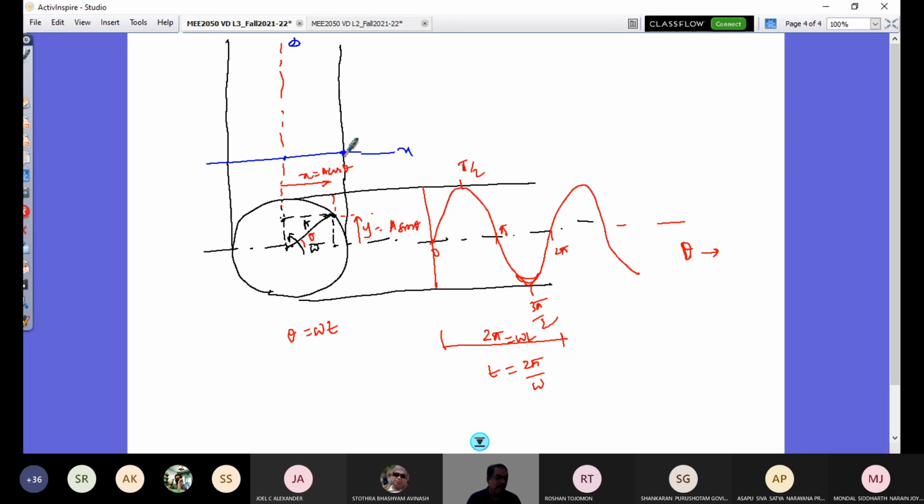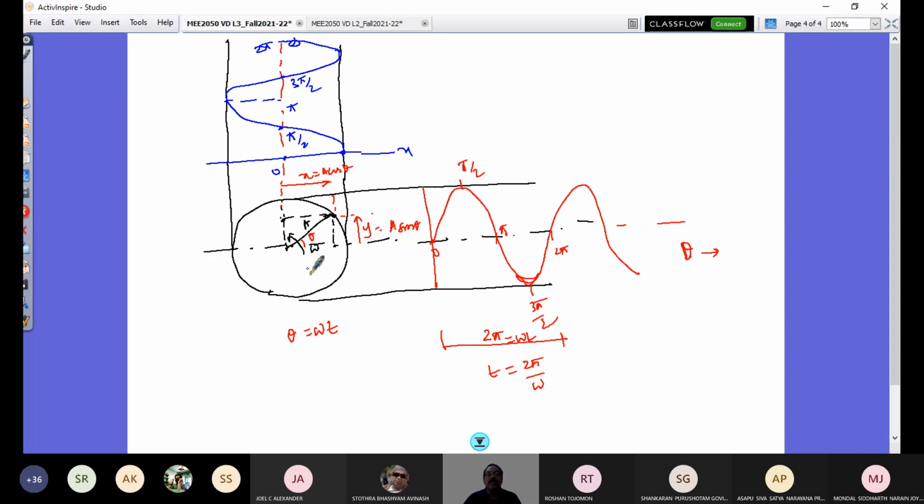It is at its maximum position, so it is somewhere here. From there, it executes its motion and goes like this. Here the angle is 0, this angle is pi by 2, this is pi, this is 3 pi by 2, and this is 2 pi. So you require both components to represent this harmonic motion vectorially.